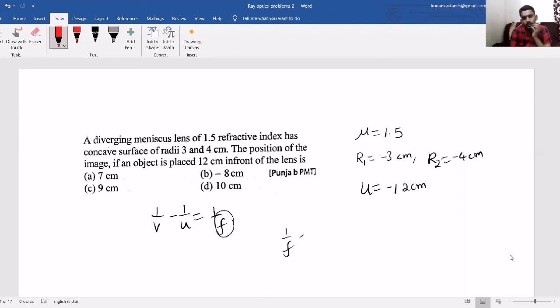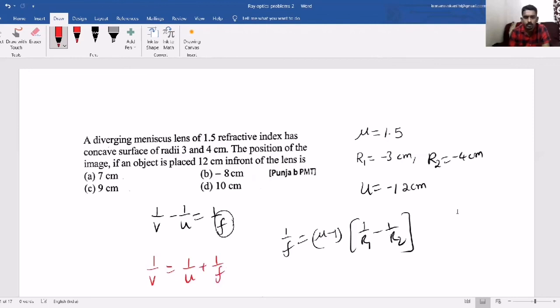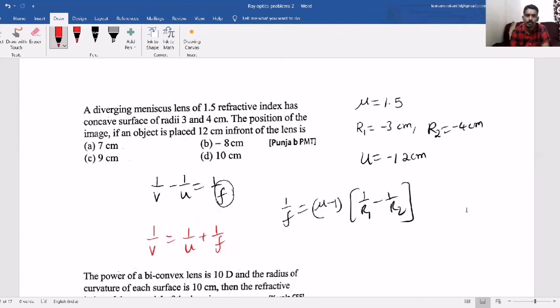The 1 by F value for a lens is given by mu minus 1 into 1 by R1 minus 1 by R2. So what you have to do here is substitute R1, R2 and mu, which are given, then you will get the 1 by F value. Then 1 by V becomes 1 by U plus 1 by F. So first you get the 1 by F value, then substitute the given U value.